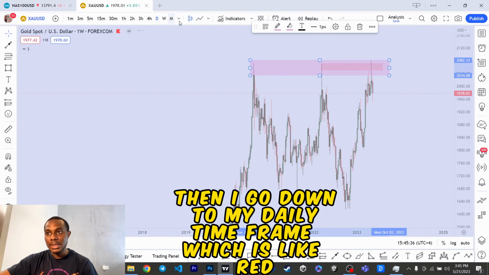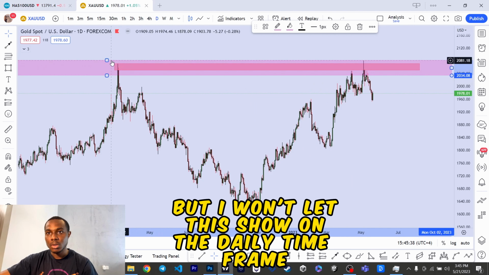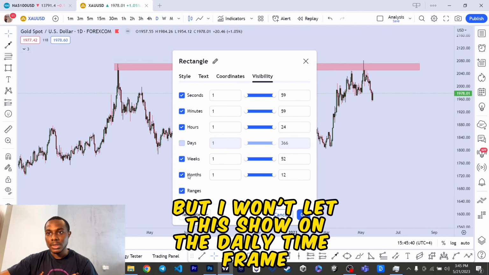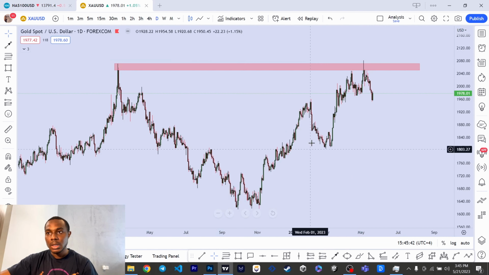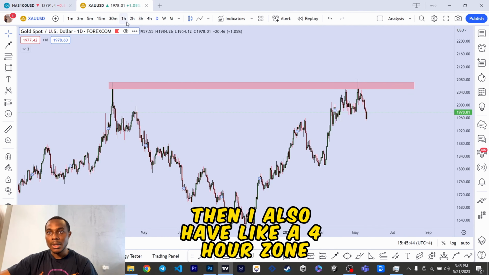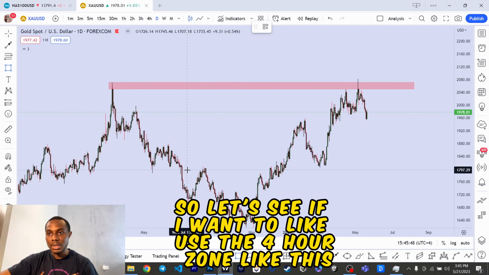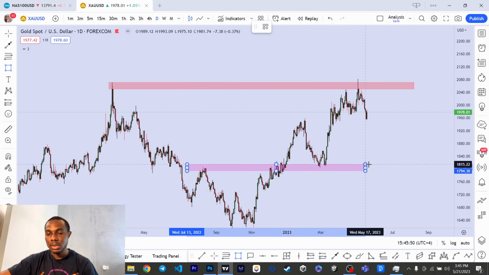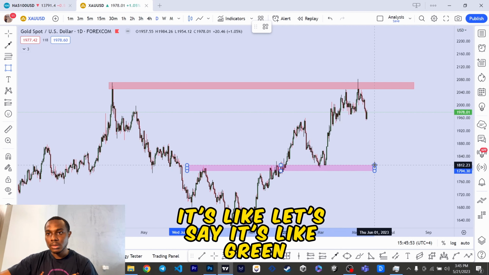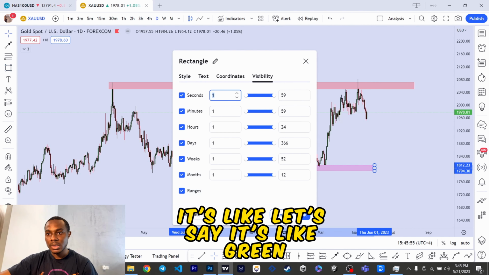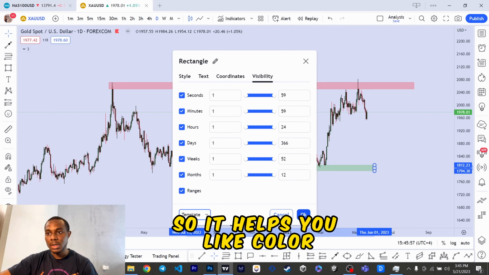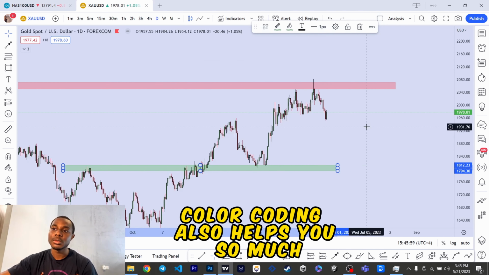Then I go down to my daily time frame, which is red, but I won't let this show on the daily time frame, so I'll hide that. Then I also have a 4-hour zone. Let's say if I want to use the 4-hour zone, it's green. Color coding helps you so much.